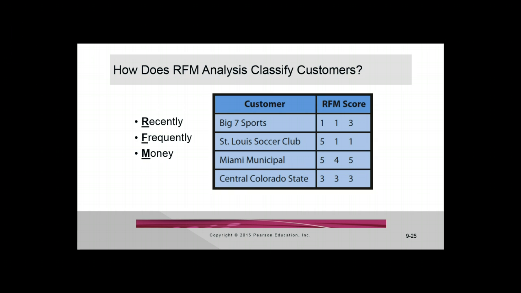If they spent millions with us, maybe they're a 1. If they spent $10 with us, maybe they're a 5. So we take every customer we have and rank them on those three things: recency, frequency, and how much they've spent.